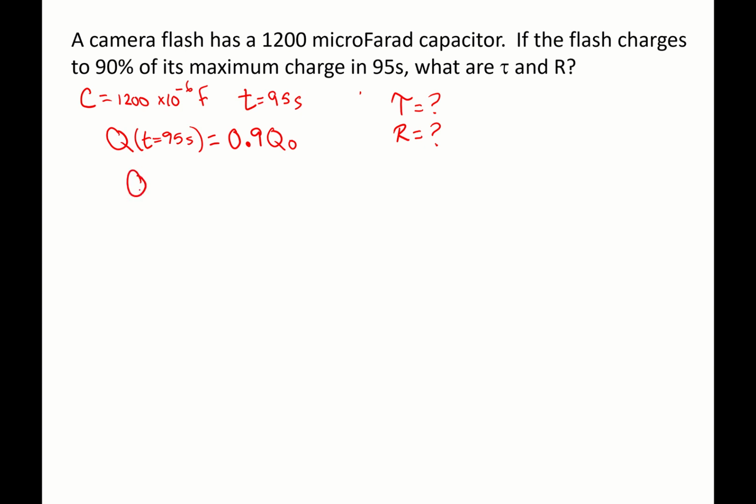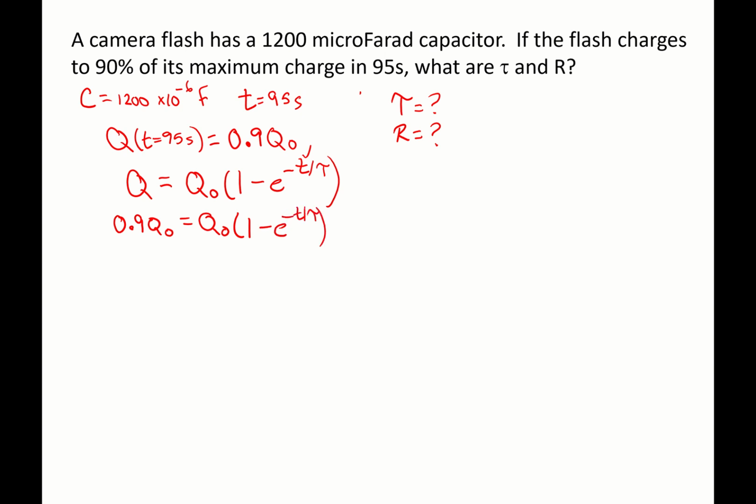This is charging, so Q is equal to Q0 times 1 minus e to the negative t over the time constant. I know my t, and I know that Q is 0.9 times Q0. So 0.9 times Q0 is equal to Q0 times 1 minus e to the negative t over tau.